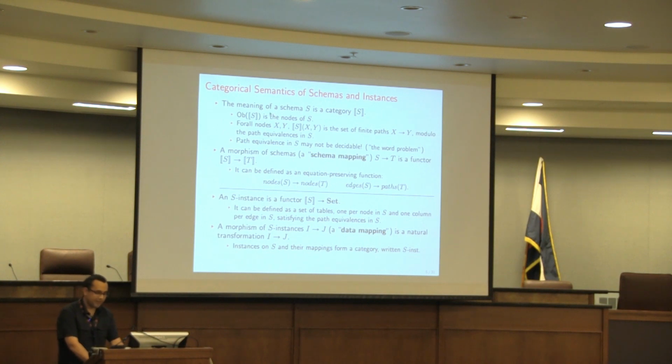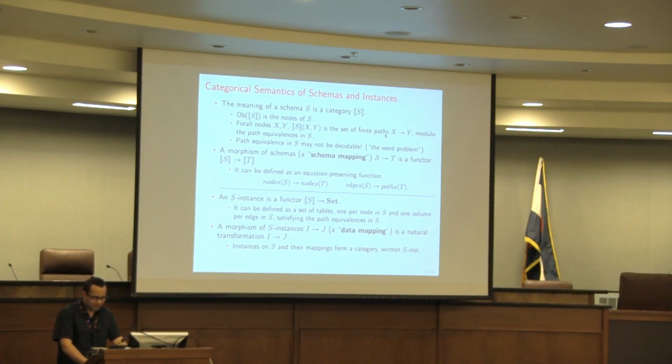And the objects in this category are the nodes in your schema. So employee, manager, string. And then what are the morphisms between any two nodes? Well, that's the set of finite paths between the nodes up to the data integrity constraints, up to the equations that you had in your schema.